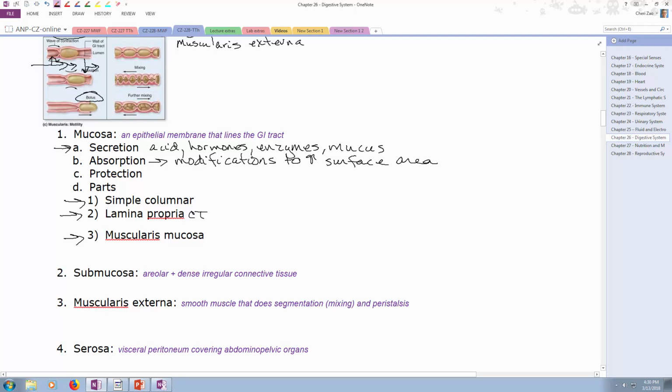And then protection: we need to be protected against acid seeping in between our cells and against infectious agents. So we'll have nice tight junctions between the cells so that things don't leak in between the cells and get into the connective tissue area. For the most part in our digestive tract, the cells that we will find are simple columnar cells with lots of goblets.